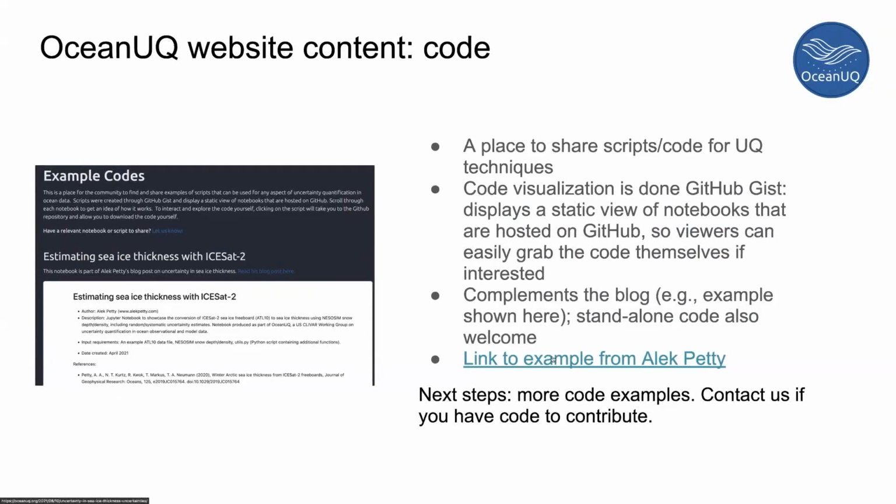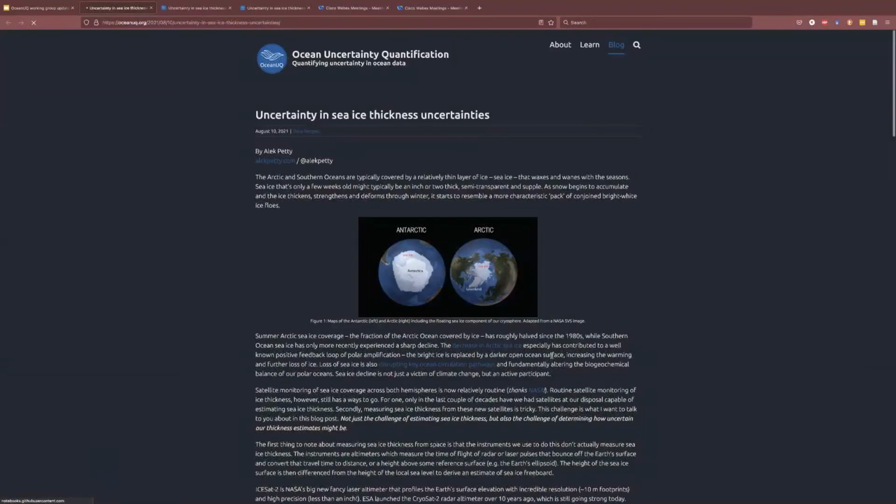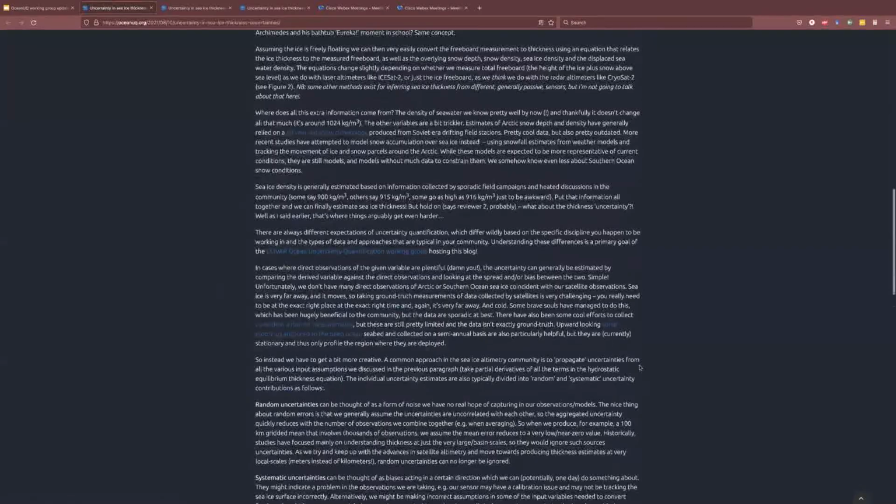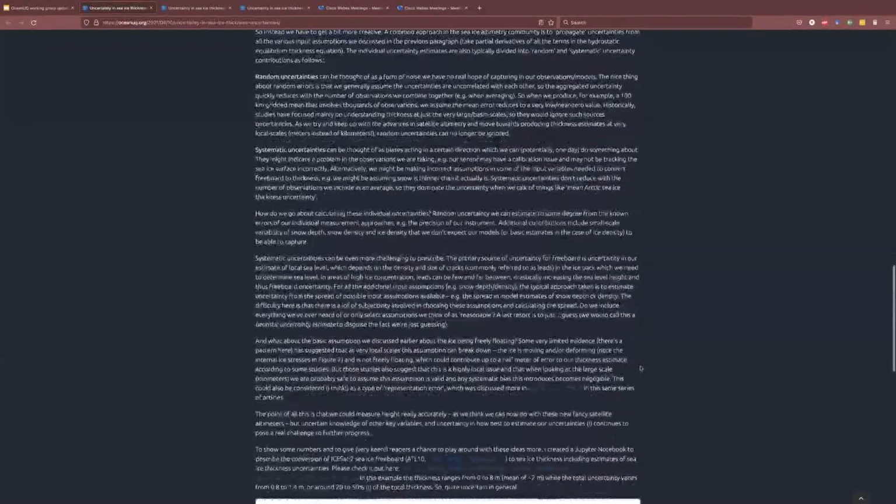I'm just going to very quickly show an example. This is a blog post written by Alec Petty, who is looking at the uncertainty in sea ice thickness. He has this nice blog post with a bunch of figures and information, and you obviously can't read this, but it's a nice informal style that's enjoyable to read.